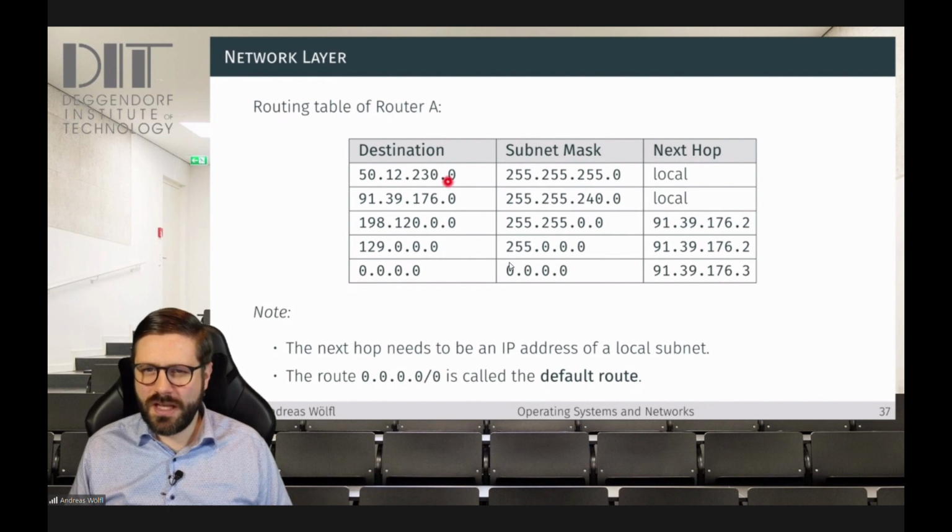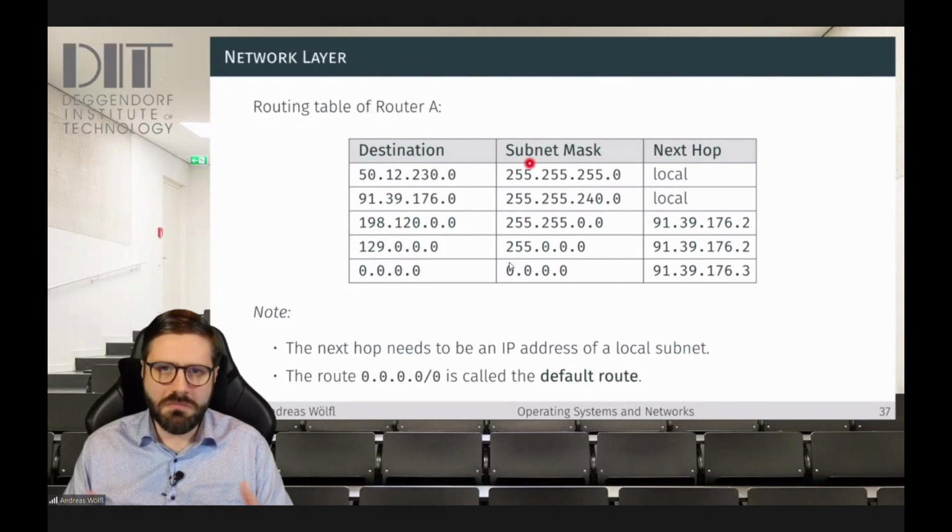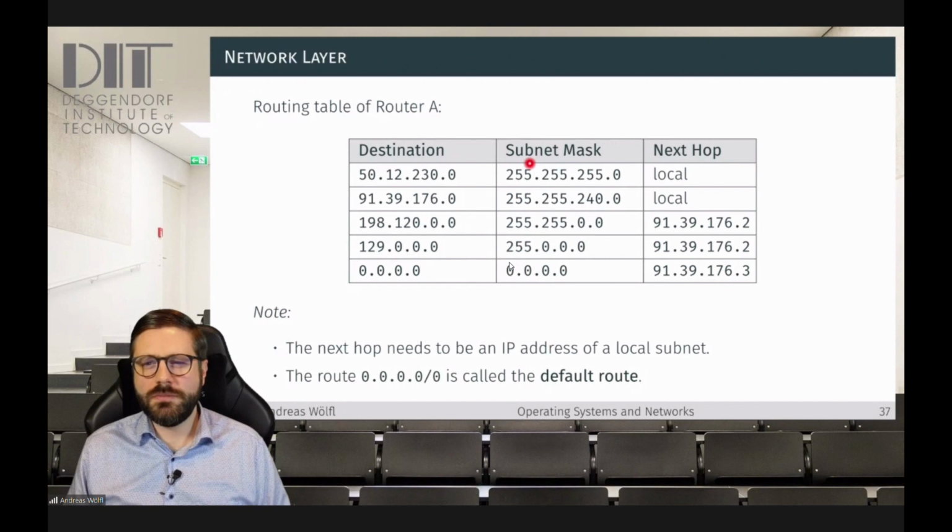This is not an IP address for a host. In addition to the network address, we need the information how big the respective subnet is, and this is given by the subnet mask. The subnet mask is an indicator for the length of the prefix, because the number of ones in the subnet mask is the length of the prefix. And the length of the prefix defines the subnet.